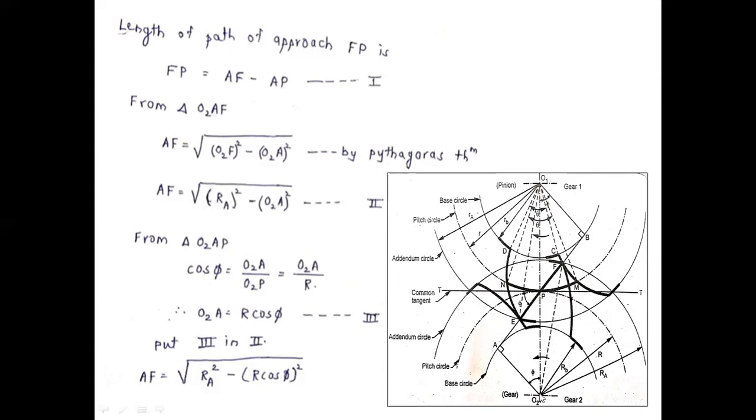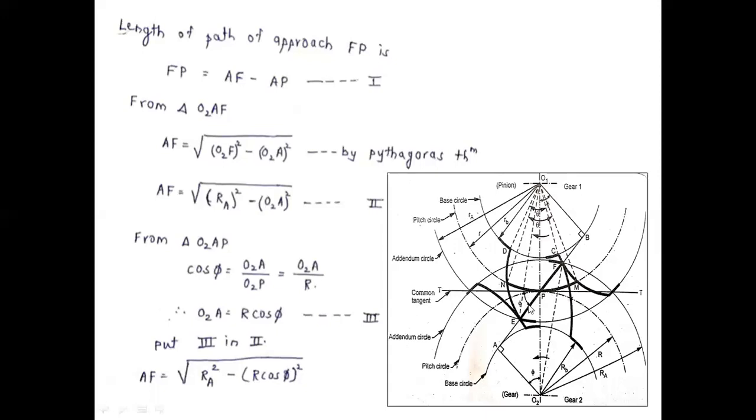For finding the value of O2A, we are considering the triangle O2AP. Again, this is a right angle triangle. We are taking the relation from trigonometry: cos phi, this angle is phi. How? If these two lines, TT and AB, make angle phi, then the perpendiculars to these two lines also make the same angle phi. The perpendicular to TT is PO2 and the perpendicular to AB is O2A.